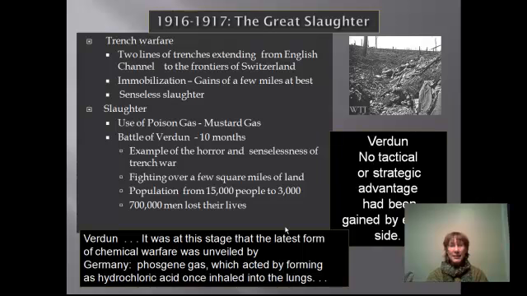There are some battles that are a good example of the senselessness of the war. One was the Battle of the Somme, and the other one was the Battle of Verdun. Verdun, let me show you. This is Verdun. It is so absurd to think that they spent 10 months there. Look at how many people died. 700,000 people died.